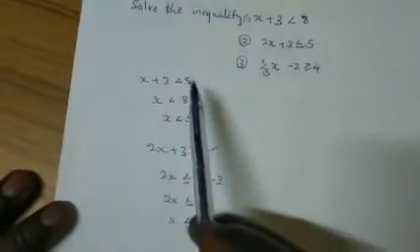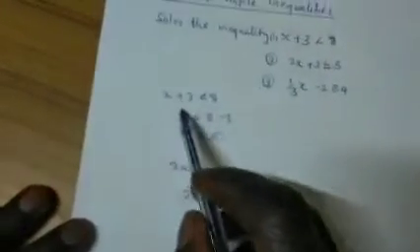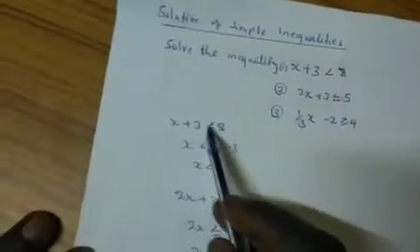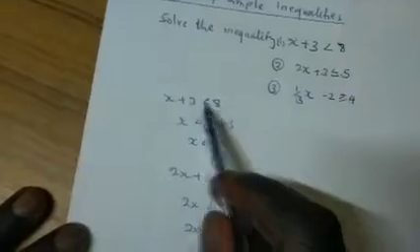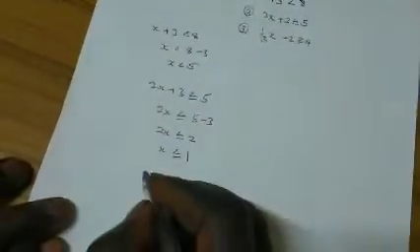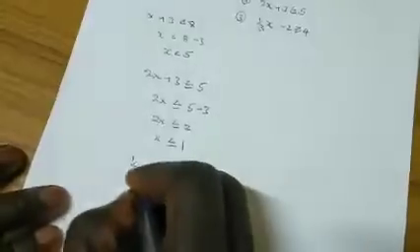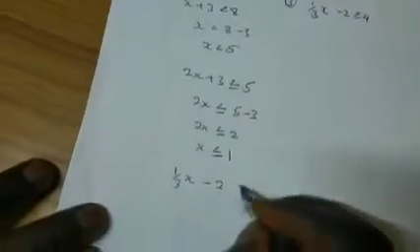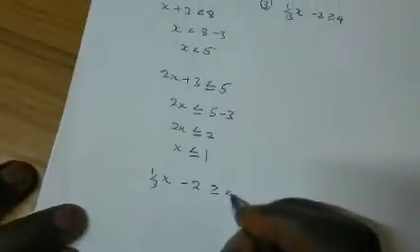So what we need to note here is that solving inequalities takes the same format as solving linear equations. So you treat the inequality sign as the equal sign so that you just solve it normally as we normally solve algebraic equations.